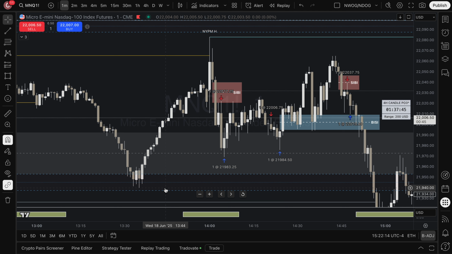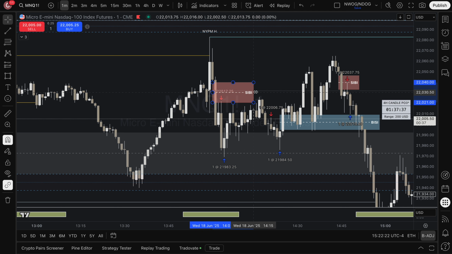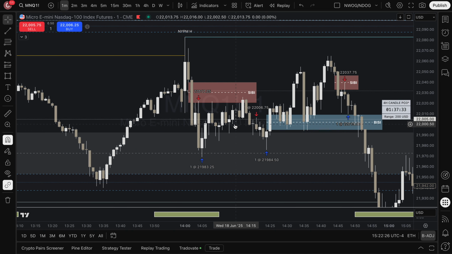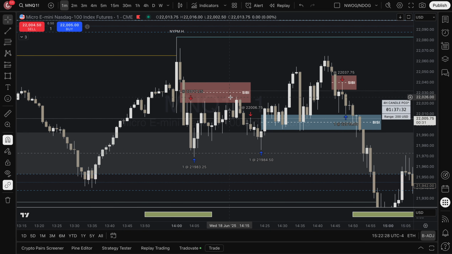If you had more than one contract, as soon as you took your partial here, you move your stop to break even, and you would have gotten break even right here. But like I said in my last video, if you watched it, the first half of this fair value gap is the most sensitive part.